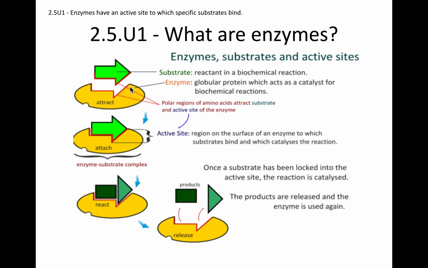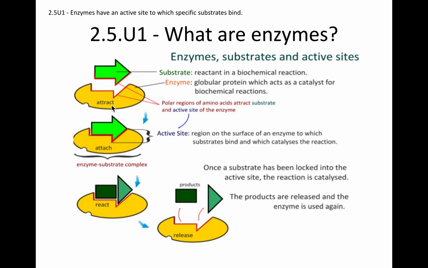Here you can see that it looks like a lock and key, that this substrate fits perfectly to this enzyme. These two know each other, and when the substrate approaches the enzyme, they will react. The edge of the enzyme, where the shape is like the keyhole, we could say, is polar, and so is the edge of the substrate.